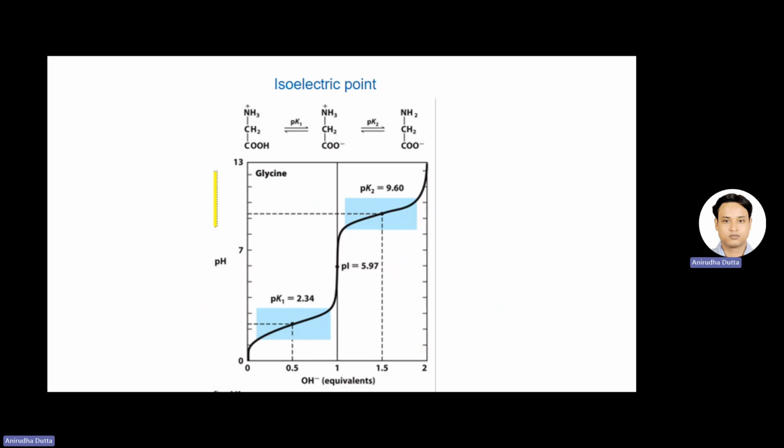Whenever we prepare the sample for protein purification, we have to have an idea of the pI of the protein, so that the pH of the solution is a little away from the pI. If we keep the protein at its pI, then the protein might aggregate and precipitate.